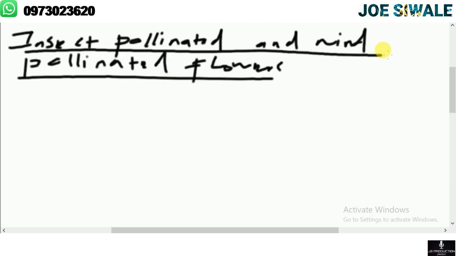So let us now look at insect-pollinated flowers and wind-pollinated flowers. Pollination is brought about by agents such as wind and insects. So there are some insect-pollinated flowers and wind-pollinated flowers.